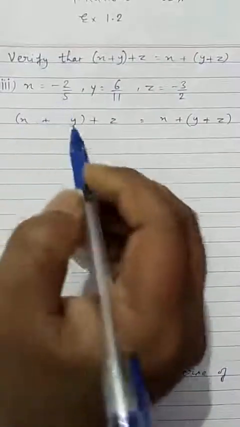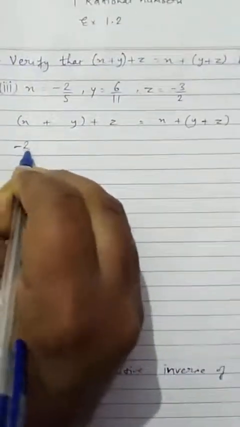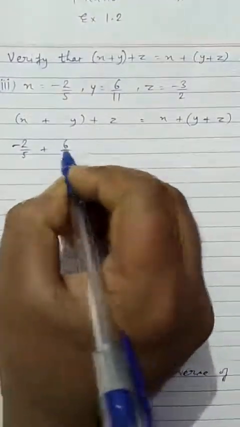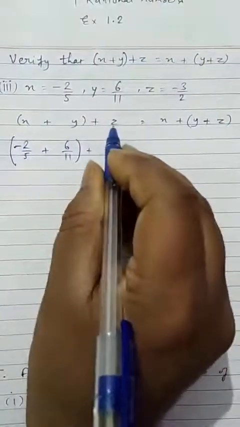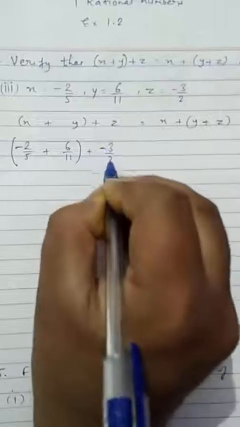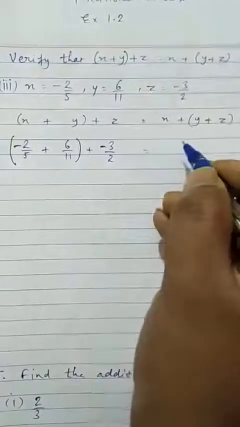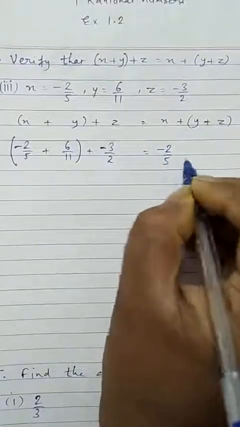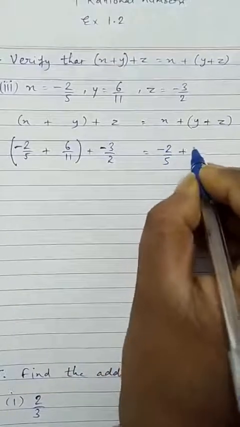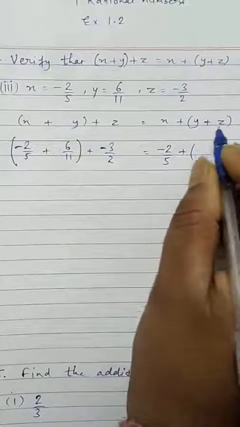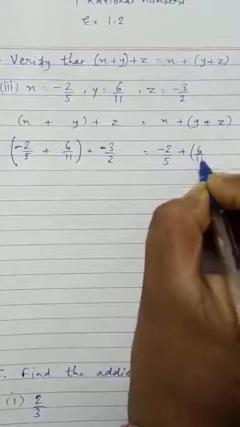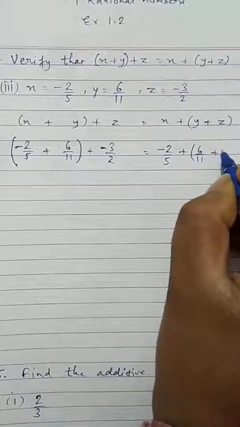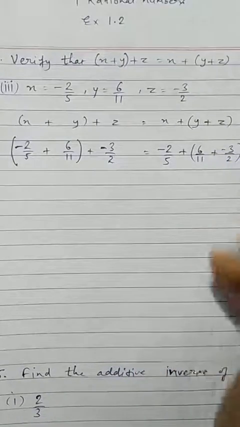The value of x is given minus 2 upon 5, the value of y is 6 upon 11, the value of z is minus 3 upon 2. On the right hand side, the value of x is again minus 2 upon 5, then plus y plus z, means 6 upon 11 plus minus 3 upon 2, close.